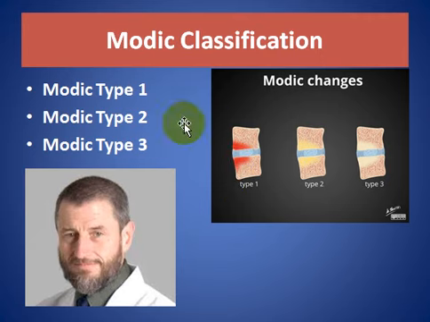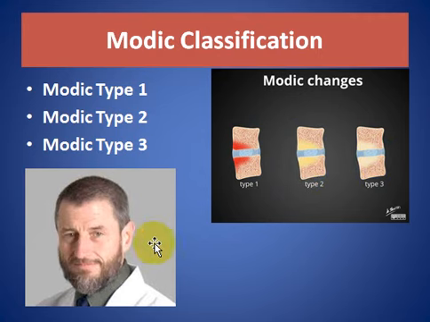Modic classification, described by Modic, is the changes involving the end plates on the MRI. We have three types: the inflammatory type, the fatty type, and the sclerotic type.